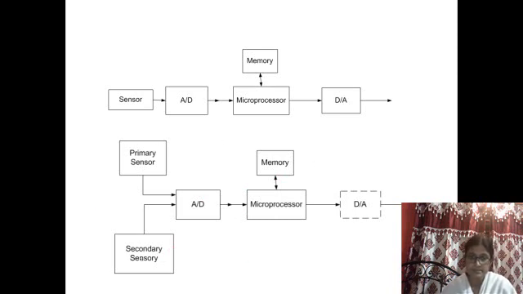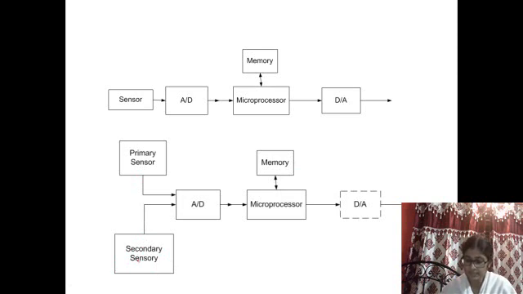So this is the basic block diagram for a smart transmitter, where the corrections are applied to the primary sensing signal. That means this is to check the healthy condition of the transmitter itself. This is the use of the secondary sensor.